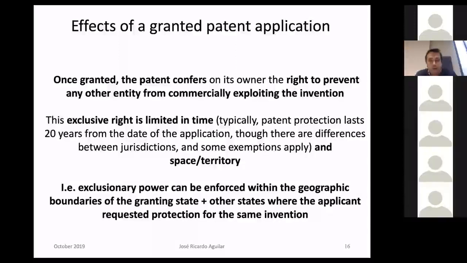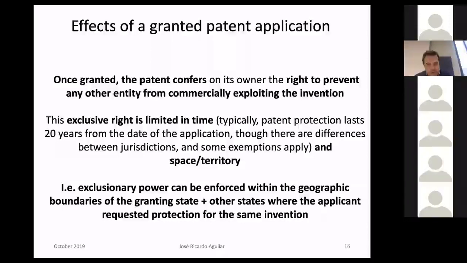Of course, they will be prevented from patenting again the same invention due to that rule of novelty. From the point that you disclose your invention, and that will happen 18 months after your filing date, normally, from that time on, that subject matter cannot be object to any other patent application.